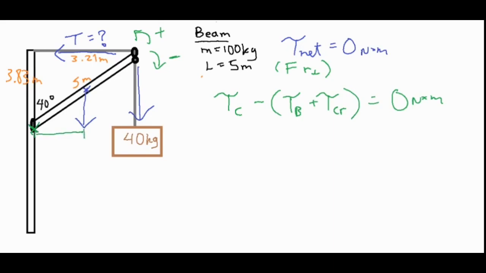And then for this force, we're going to be using the full distance from here to here. And then for the final one, the cable up top, it's going to be from here to here. So we're taking a look at each of the forces, and then from those forces, the perpendicular distance to the pivot point. So let's go ahead and write those out and see what it looks like, and then see if we're able to solve for our tension from there.